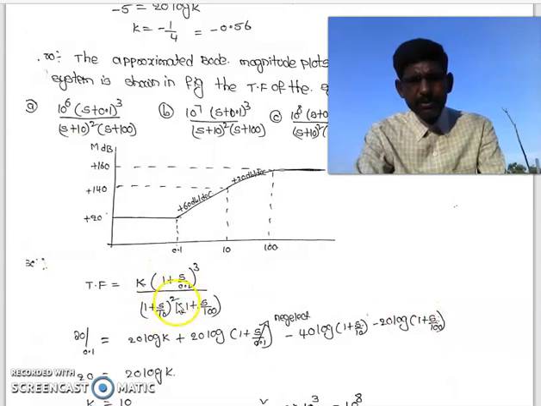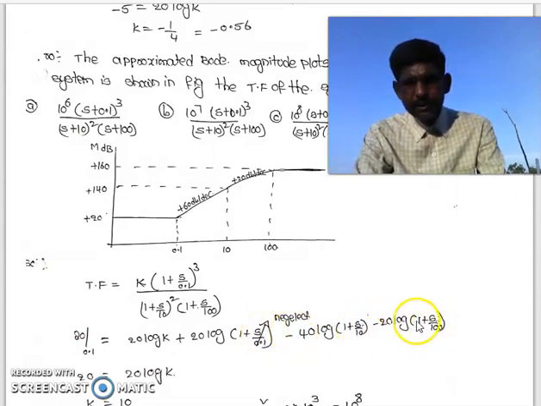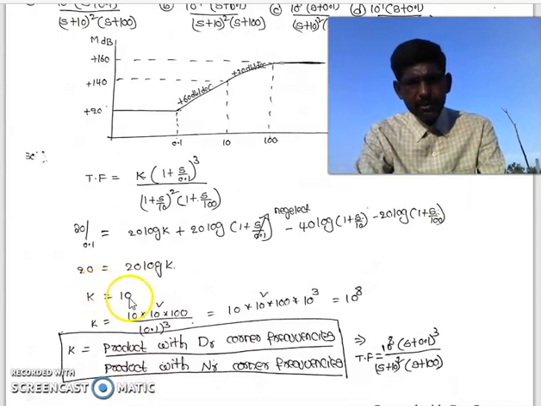For the denominator terms, brought to the numerator, since we have a square, it is minus 40, and only minus 20 log for the 1 plus s by 100 term. Here we neglect s by 0.1 when compared to 1 because it is very small, and here also we neglect it. S by 100 also we neglect when compared to 1. So all these terms will be zero, and we get 20 log k. So k equals 10.